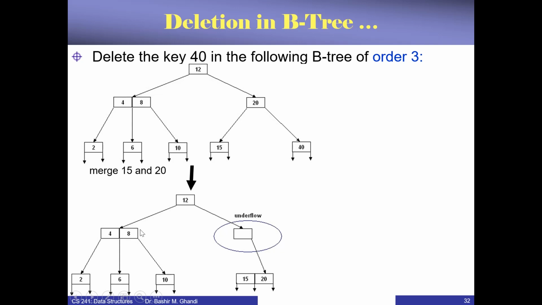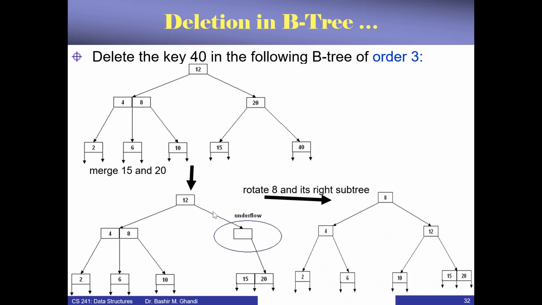So you borrow through the parent. 8 will go up to form the new parent, and 12 will come down to join this node. But you have to make the necessary adjustment because now this 10 will have to go with its parent. And the parent has moved to become the root. So this is what you will end up with after you rotate the 8.